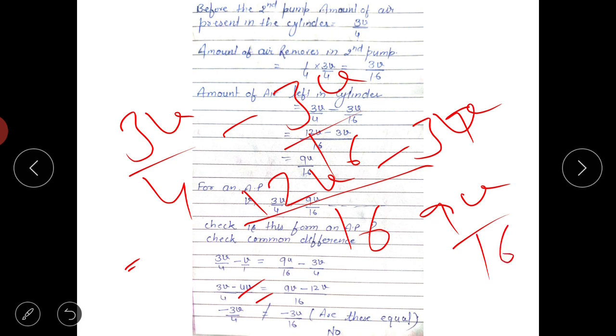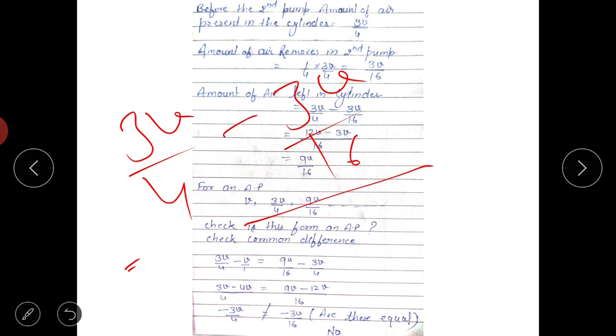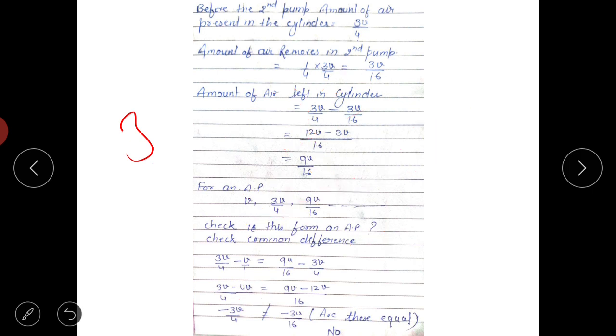So the amount of air left in the cylinder after the second pump out is 9V by 16.